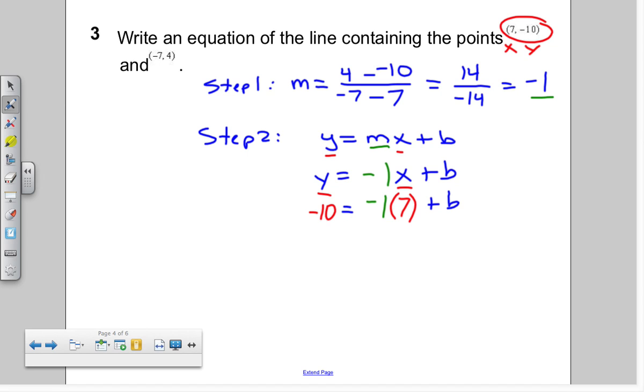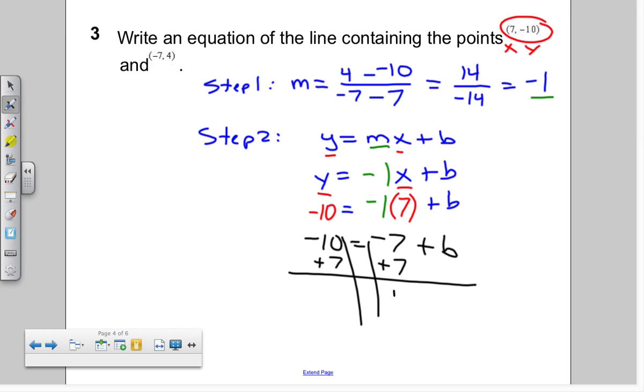So now I'm just going to simplify. -1 times 7 is -7, and then I add 7 to each side. So we end up with b equals negative 3. So finally, for step 3, I can write my equation, mx plus b.